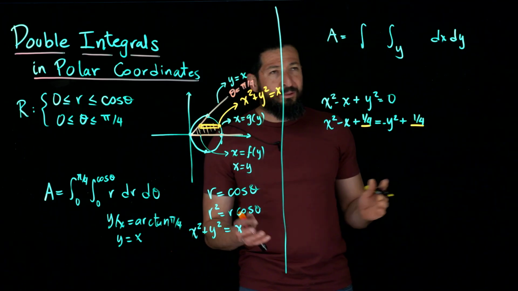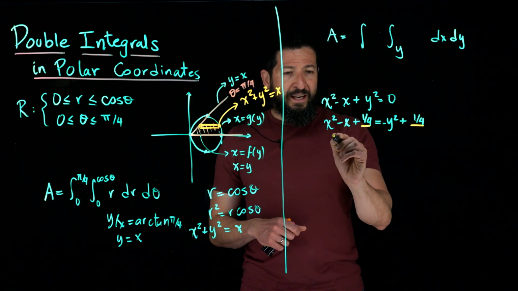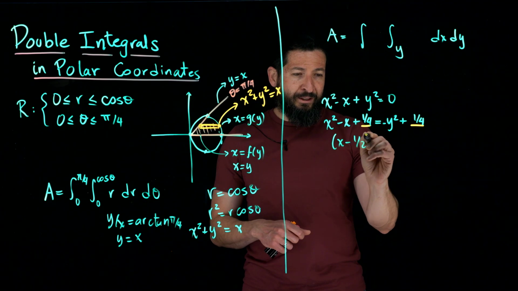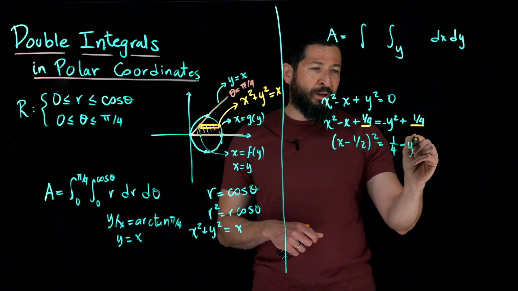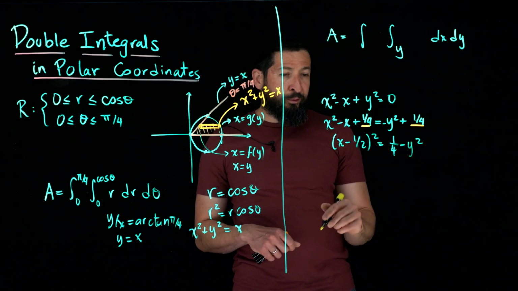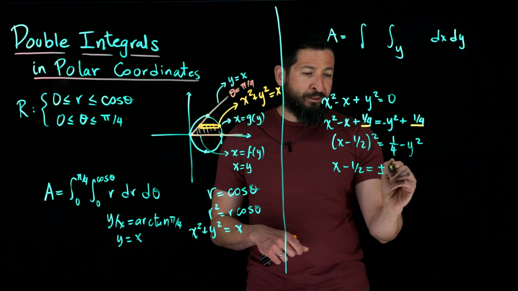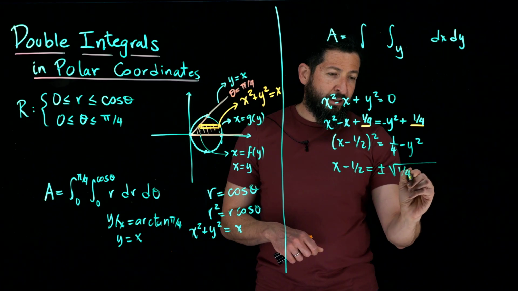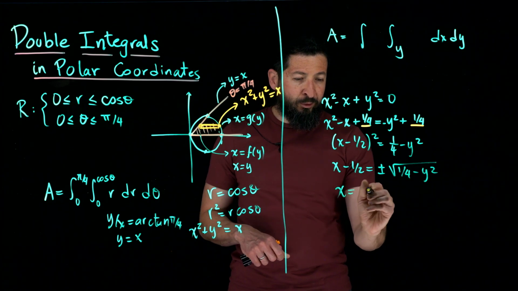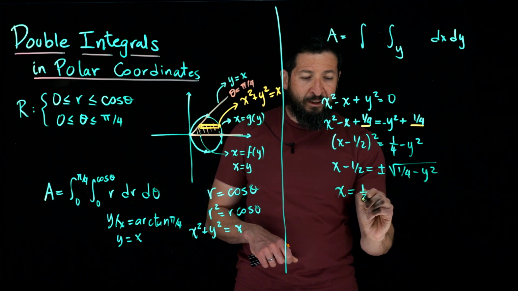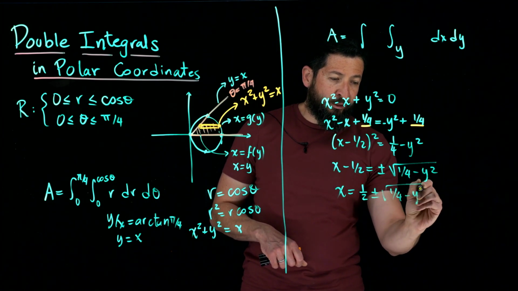The equation is still equal; I haven't changed anything just yet. And this is going to be x minus 1/2 squared is equal to, let's put the 1/4 first, 1/4 minus y squared. Now I can take a square root, and I get x minus 1/2 is plus or minus the square root of 1/4 minus y squared. At this point, I add 1/2 on both sides, so x is 1/2 plus or minus the square root of 1/4 minus y squared.